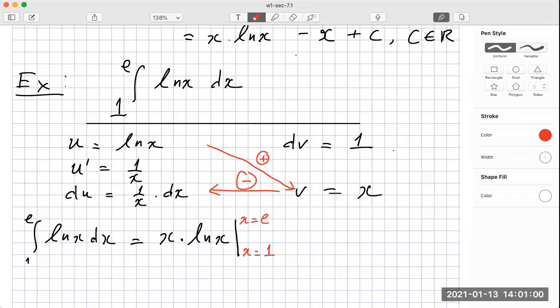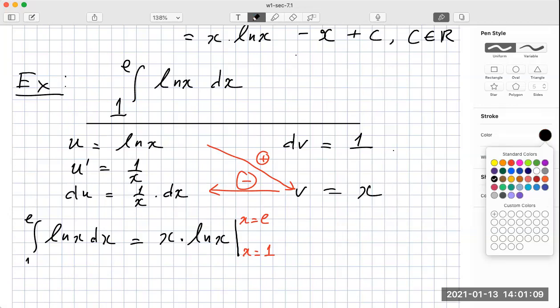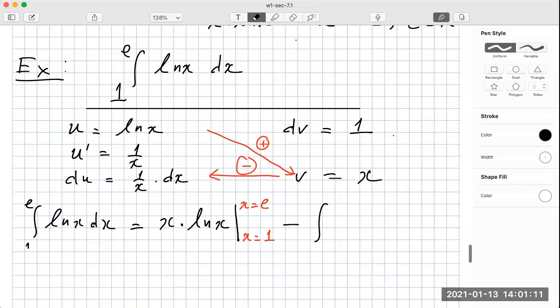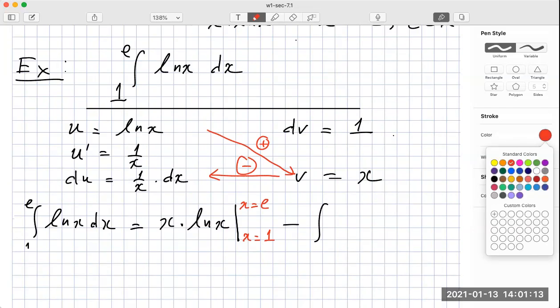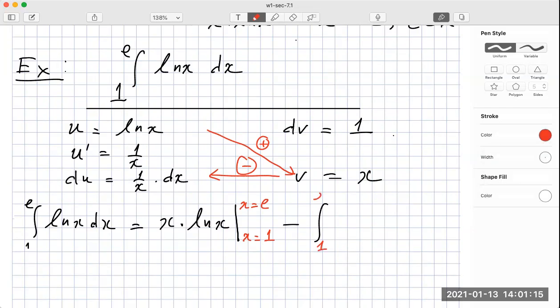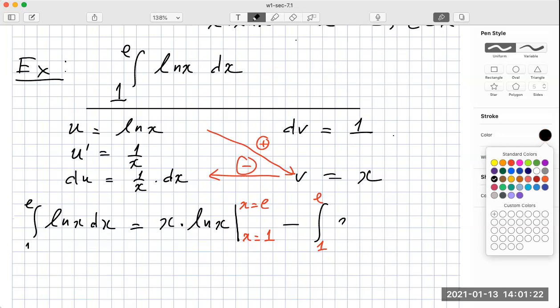E is simply a constant. It is 2.7 something. Okay, treat it as a constant. Then the second one will be subtract integral from this interval from 1 to e of v du, which is x.